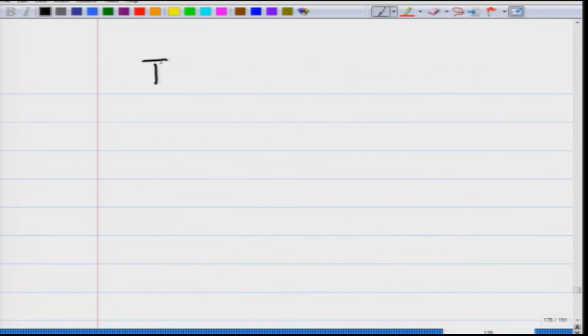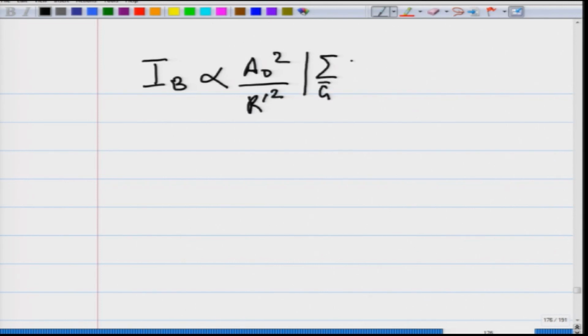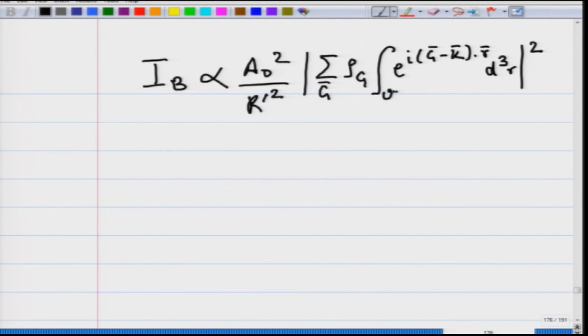So, this scattered intensity, which is written as A naught square by r prime square, summation over all lattice vectors, rho g integral of e raised to i (g minus k) dot r bar d cube r the whole square over the volume.